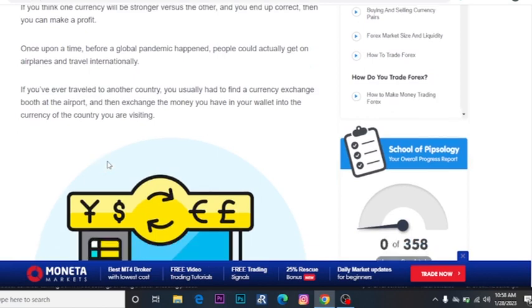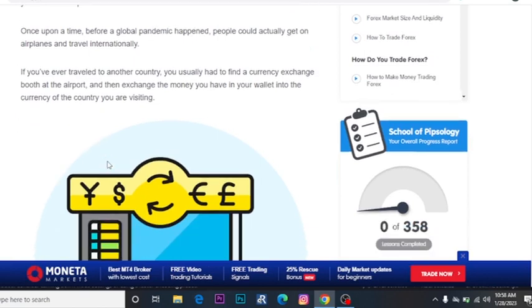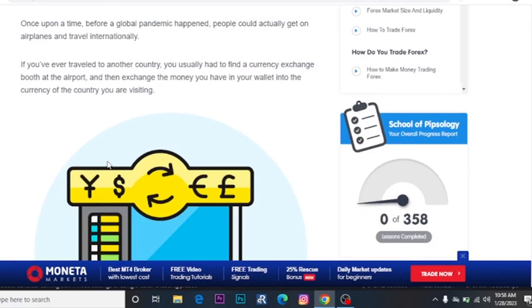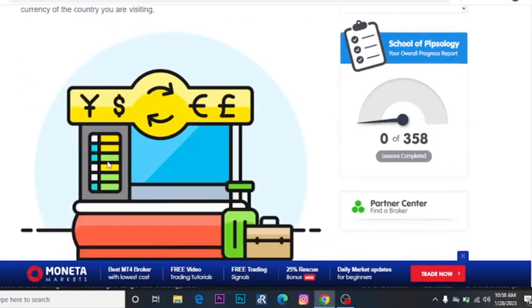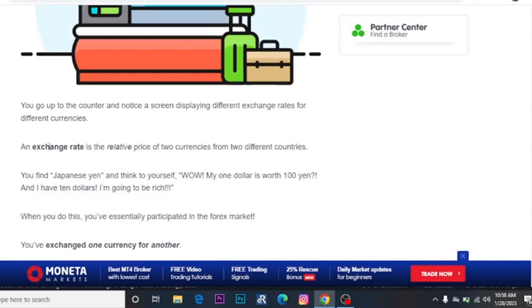You go up to the counter and notice a screen displaying different exchange rates for different currencies. An exchange rate is the relative price of two currencies from two different countries.